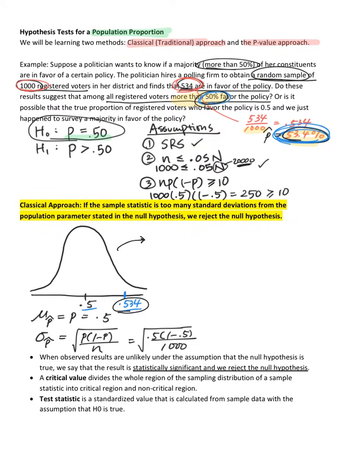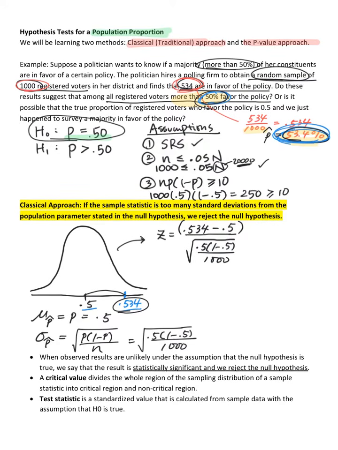So first, we're going to take this value, 0.534, and subtract 0.5. So basically, you're finding the difference between 0.534 and 0.5. And we're dividing the difference by the standard error, so that you can find the z-score.